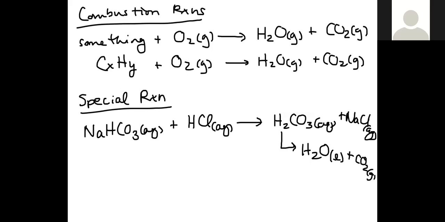So this is both a double displacement and a decomposition reaction. I might give you this part, and you will have to give me the products, and you will have to show this. I will accept this in two ways. You can write H2CO3 and then an arrow showing the decomposition reaction, and just cross that out.